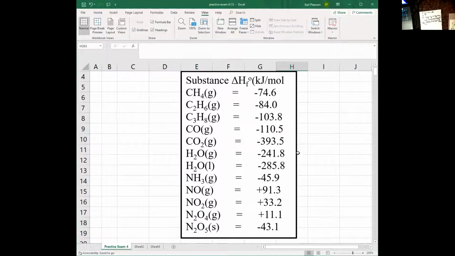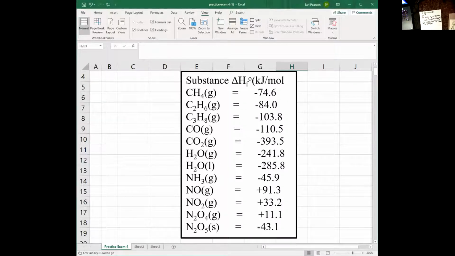Gaseous CO2 is right there. It's minus 393.5. I'll show you my paper again when I get the data copied down.